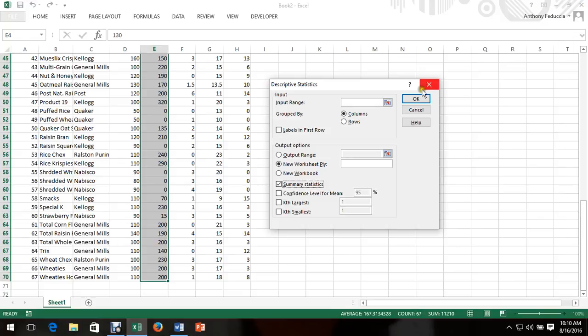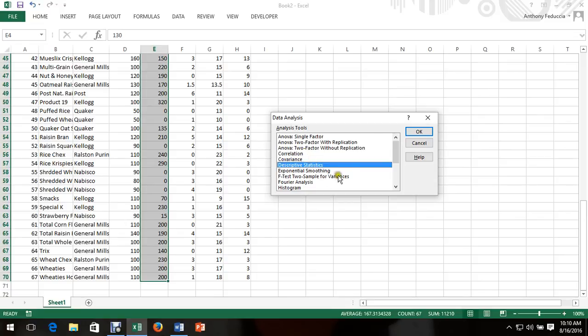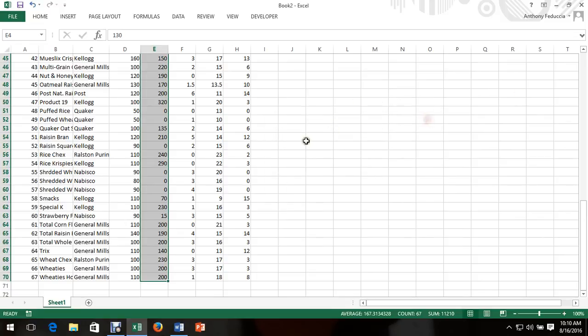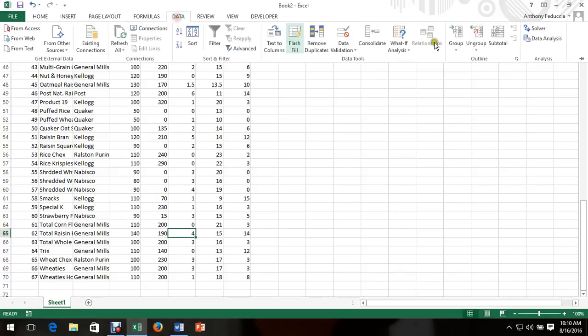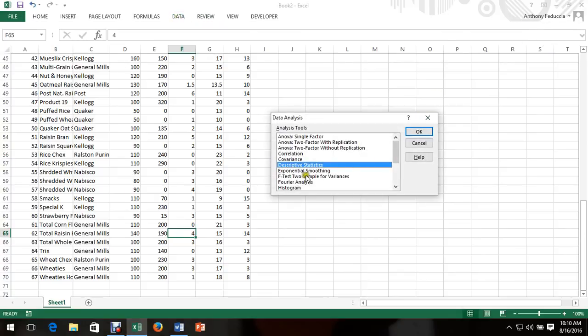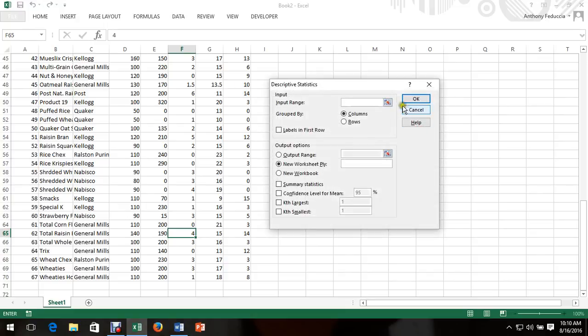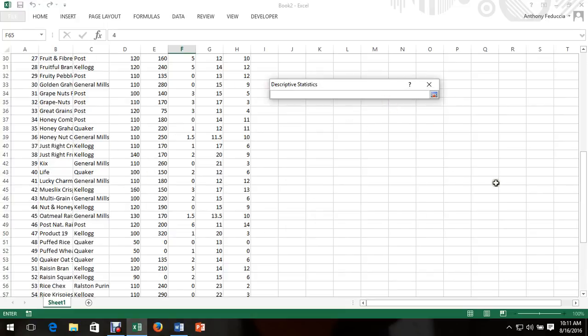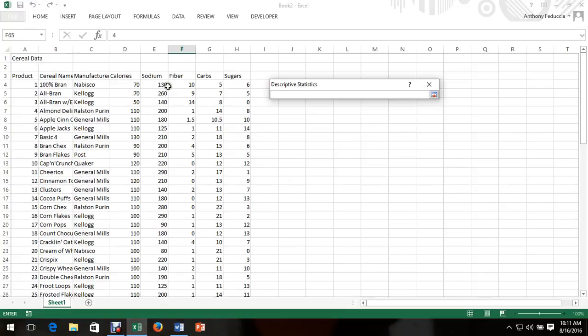Well, I guess I'm going to have to start from scratch here. Let me get rid of this. Okay, let me go back to data, data analysis, descriptive statistics. Okay, here's the input range right here. The input range is going to be sodium, this column right here.